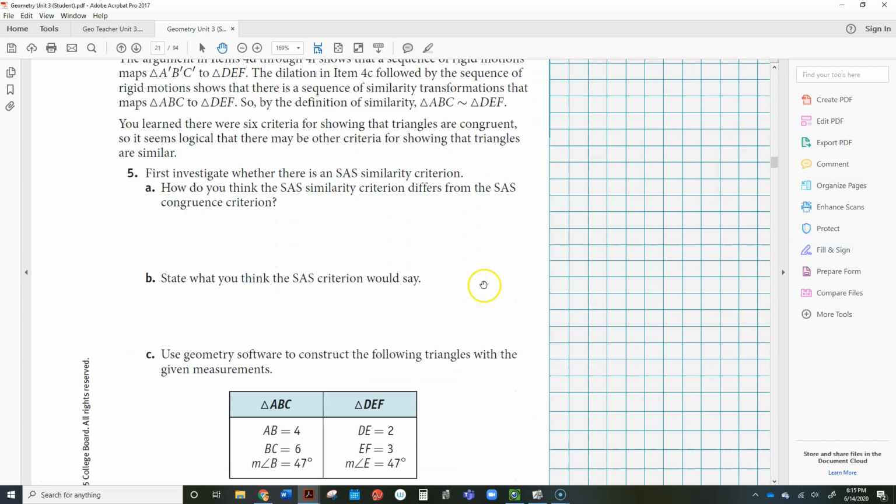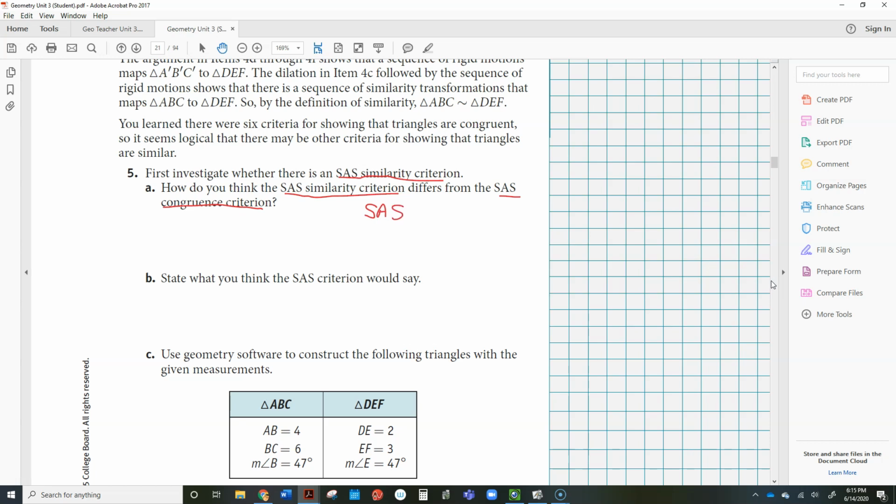Okay, so now let's look at the difference between, and you have to be careful here. Is there a side angle side similarity? Now let's pay attention. They want us to compare the difference between this and this. Do you see the difference? It's very subtle.